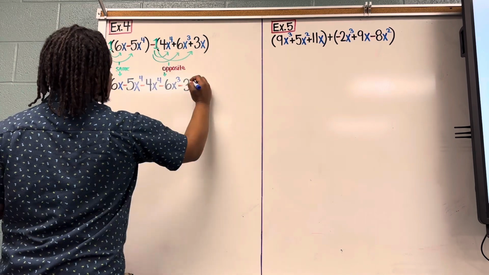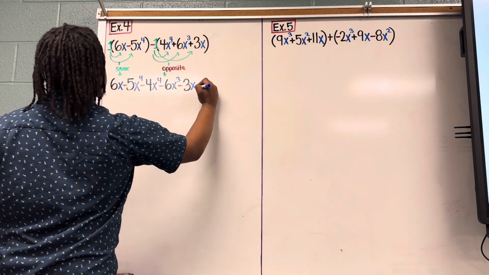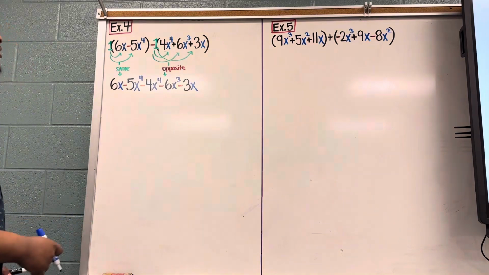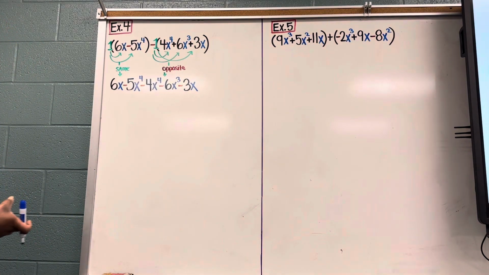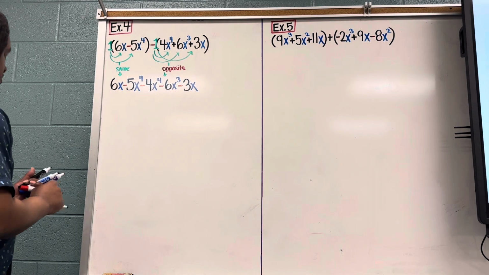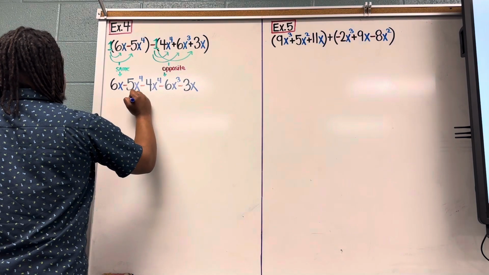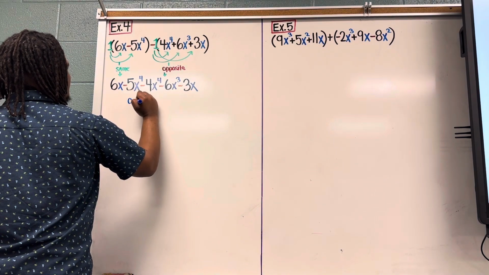Now, we have successfully distributed the values outside of the parentheses. The next thing we need to do is combine like terms.